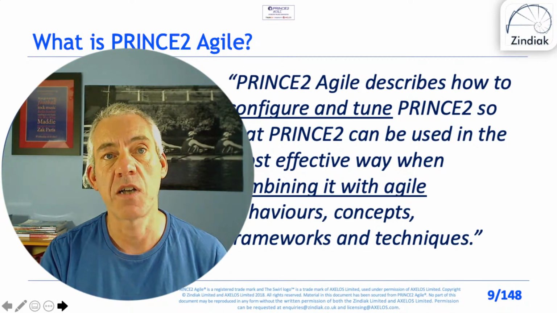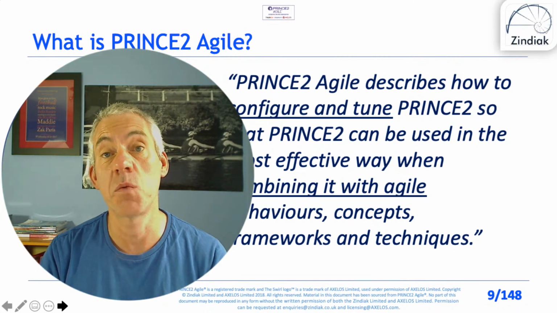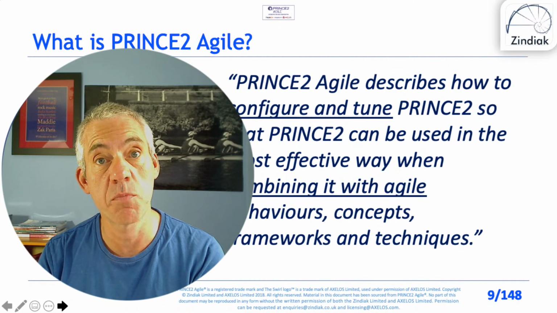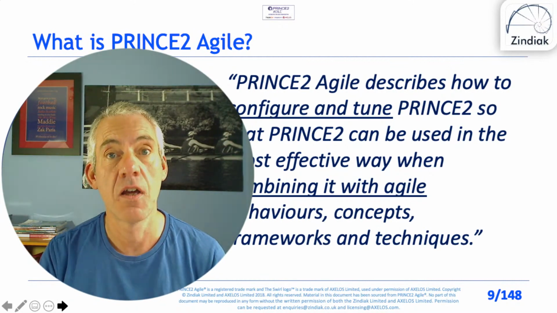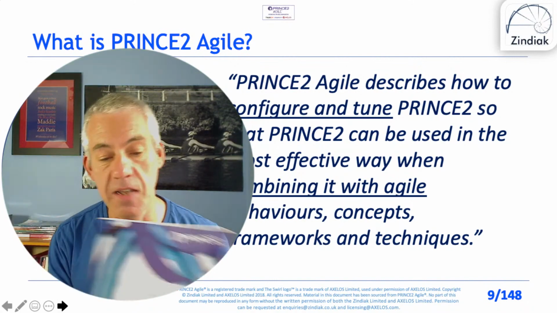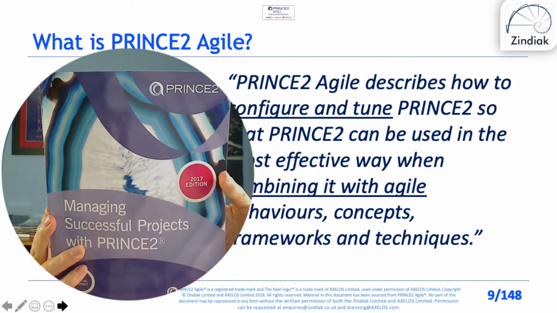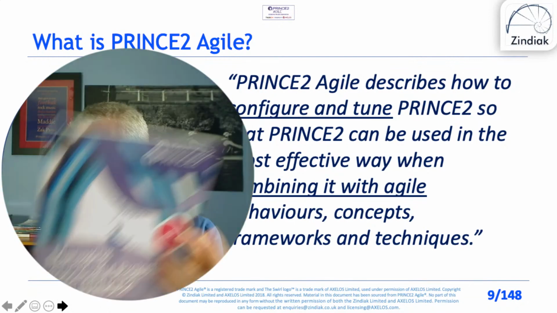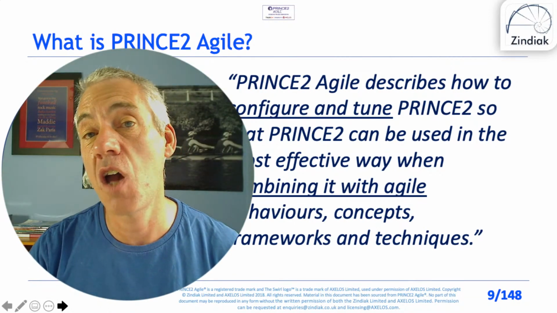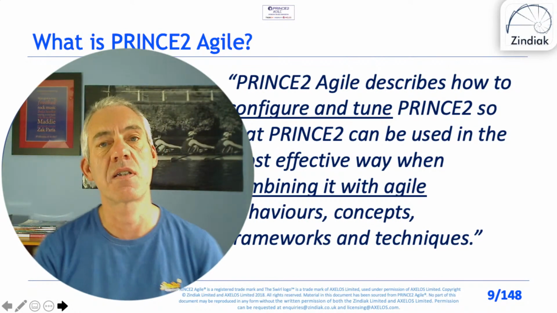But what PRINCE2 Agile is doing is giving us further guidance for tailoring PRINCE2, which again is a very important part of PRINCE2, that we tailor it. We don't just follow the guidance. The standard PRINCE2 guidance, if I can work it out, there we go. Mine's the 2017 version, now known as edition 6 or 6th edition, PRINCE2 6th edition.